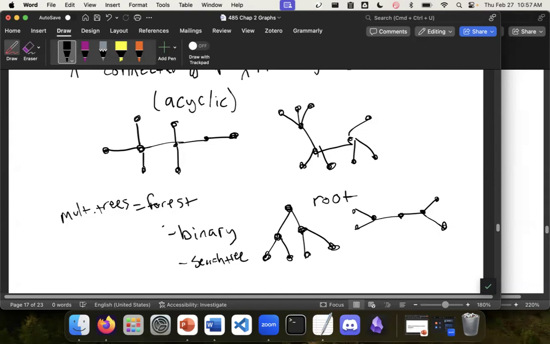Or we could have a decision tree for something like machine learning, where at each node we have a decision to make and say if something holds, go left, if something else holds, go right. Or maybe it's not a binary tree and there's multiple options. So a tree is kind of the foundational property for some really interesting machine learning and algorithmic things that we can do.